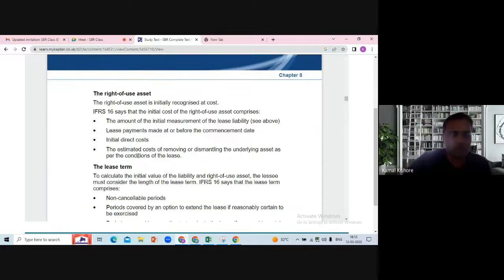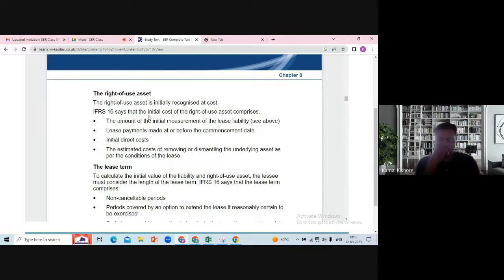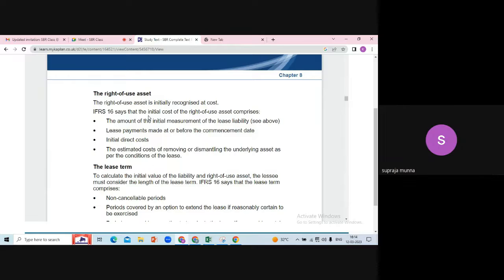What will be the asset? Go through that. It is the same as the lease liability.